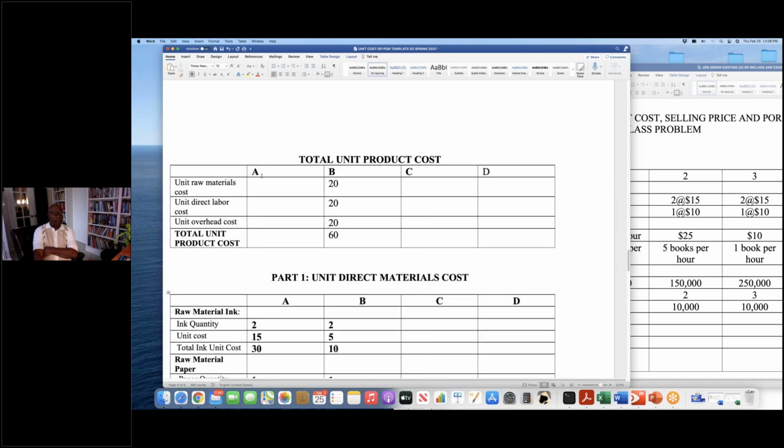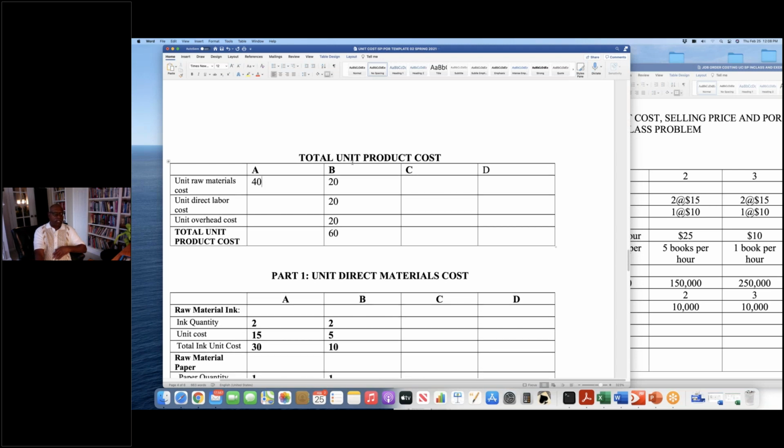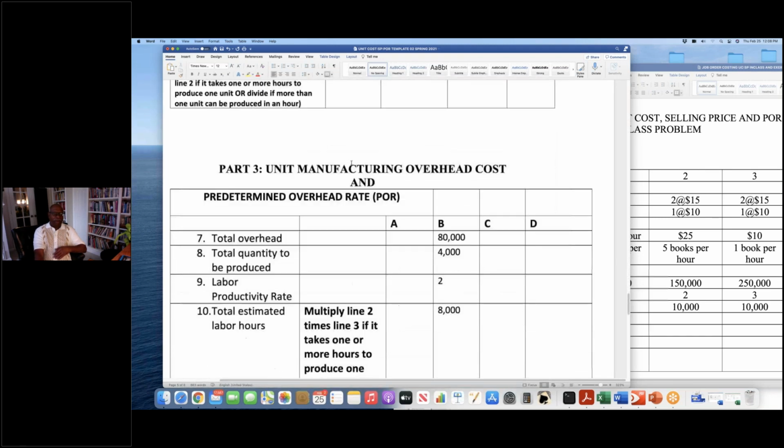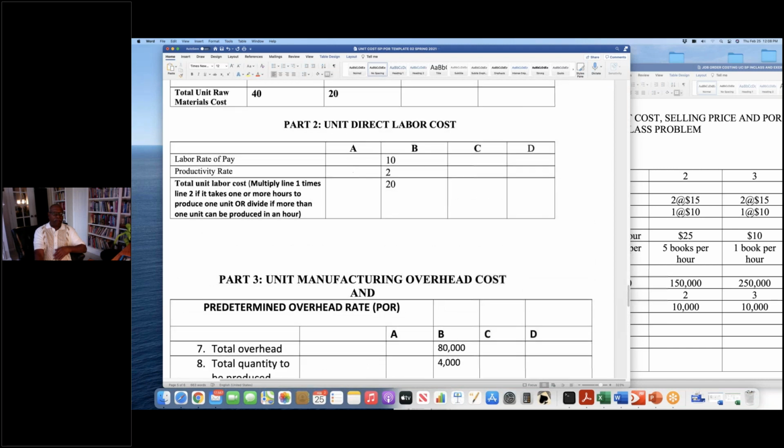Bring it up to the unit raw materials cost. Okay, I see what y'all are saying. It's a unit, but just make sure you go into that chart. What are we going to have on labor? The labor's at 25.